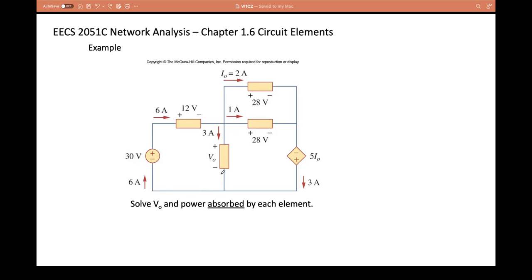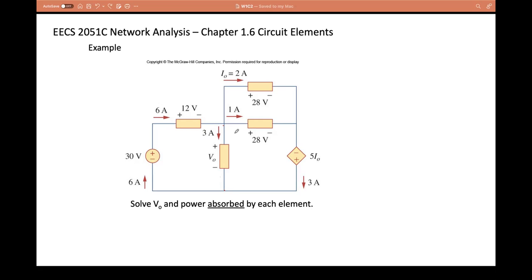Don't get fooled by all these other elements, just focus. What's the voltage across this one? I got 18 volts. Anyone else? Yes, correct. It is 18 volts.